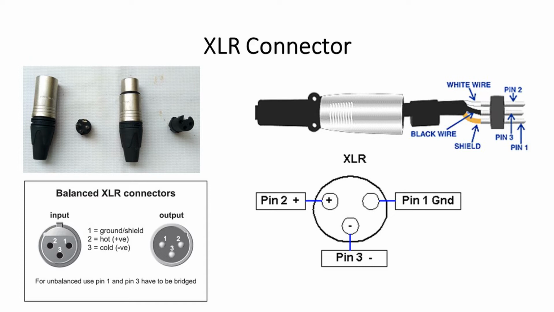Note that pin number 1 is slightly longer than pin 2 and 3, being the ground, so when you terminate it or connect it to another stage like a mixer, it basically discharges the retained potential in the wires.